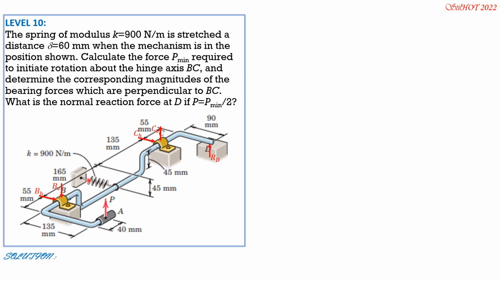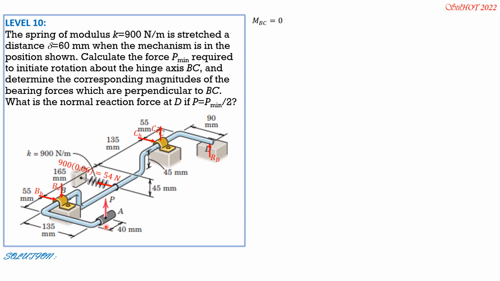And we have here tension in the spring, which is equal to 900 times 0.06, which is equal to 54 newtons. So if we sum up moments about BC, then we can solve for P minimum right away. Remember, RD is 0 for that case.